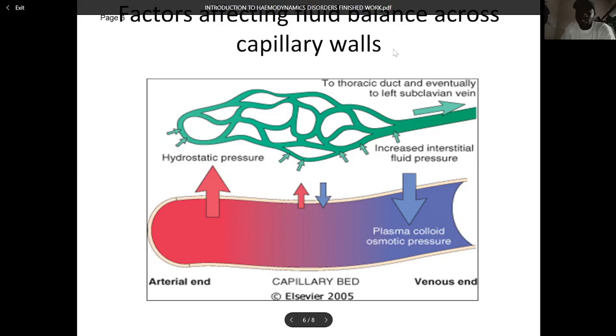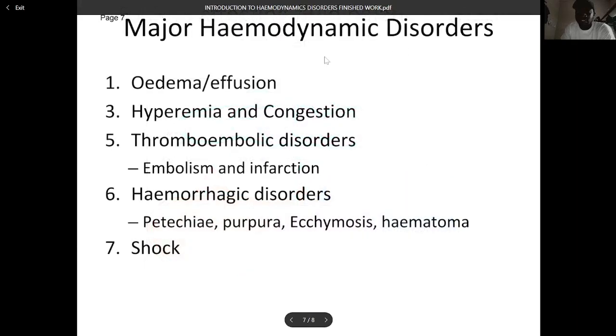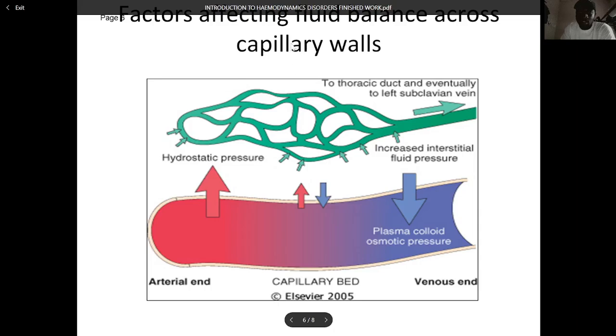So, factors affecting the balance across the capillary wall. So this is the arterial end, this is the venous end.